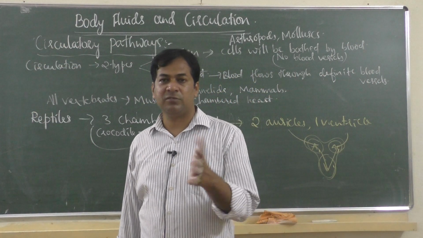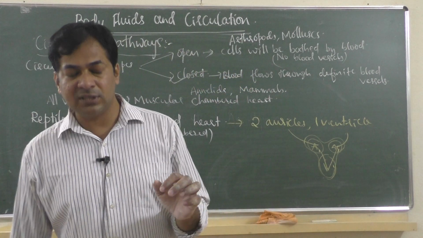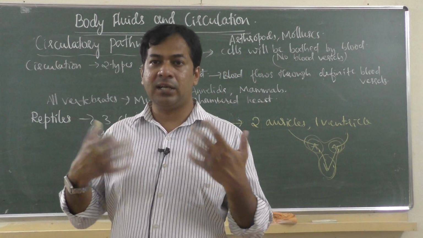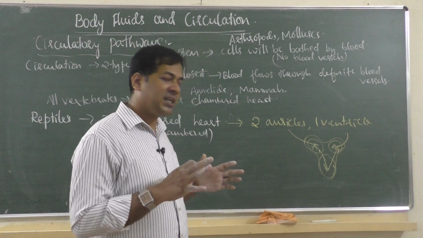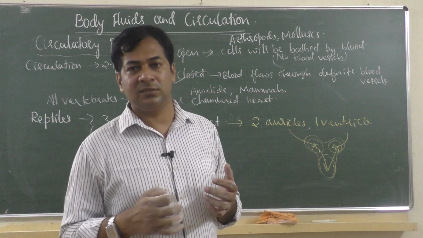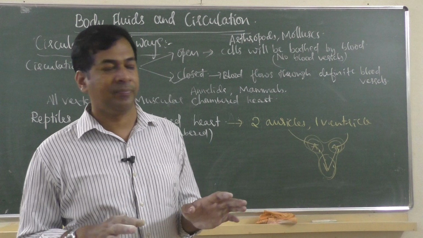In human beings, we can't tolerate this, because if oxygen and carbon dioxide mix in a human body, it creates breathing difficulty and we will die. But reptiles can tolerate mixing of carbon dioxide and oxygen, because their normal circulation is only like that.